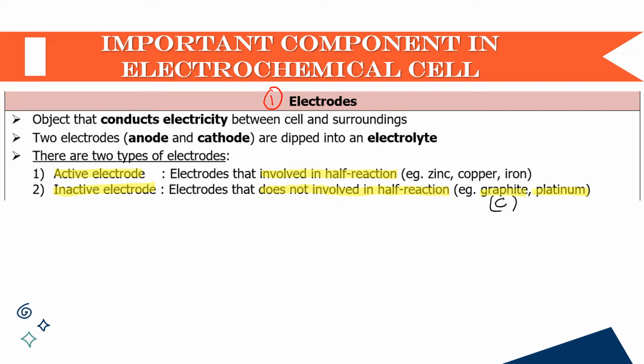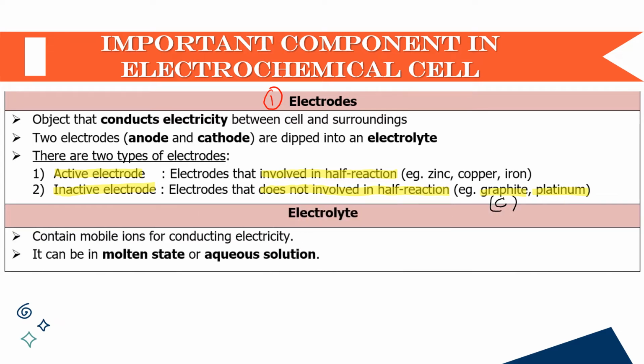That's why it is very important for each electrochemical cell to have this electrode. So once you construct an electrochemical cell, take a look at what type of electrodes it has, active or inactive, to get a clue on what reaction will occur. So that's the first one, electrodes.